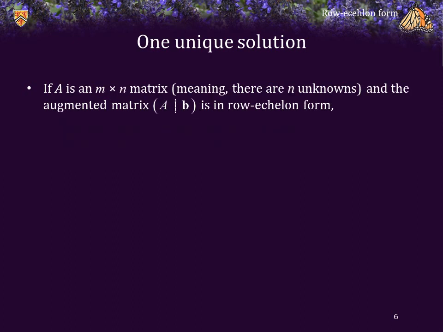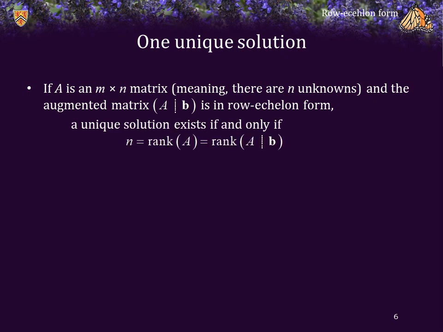Now, if the matrix A is m by n, meaning there are m equations and n unknowns, and the augmented matrix is in row echelon form, a unique solution exists if and only if n equals the rank of the matrix, which equals the rank of the augmented matrix. We will find the solution with backward substitution.